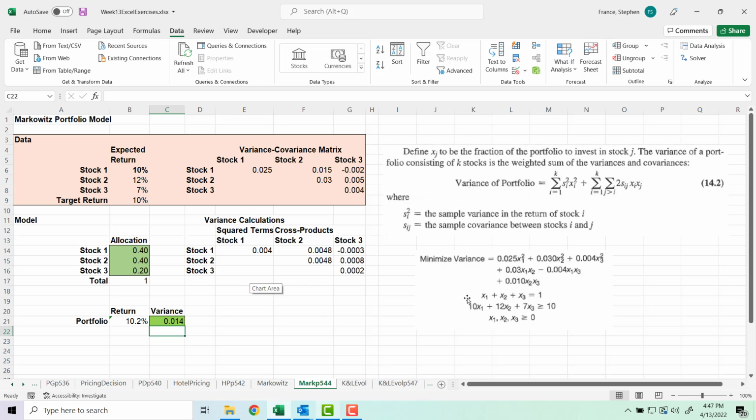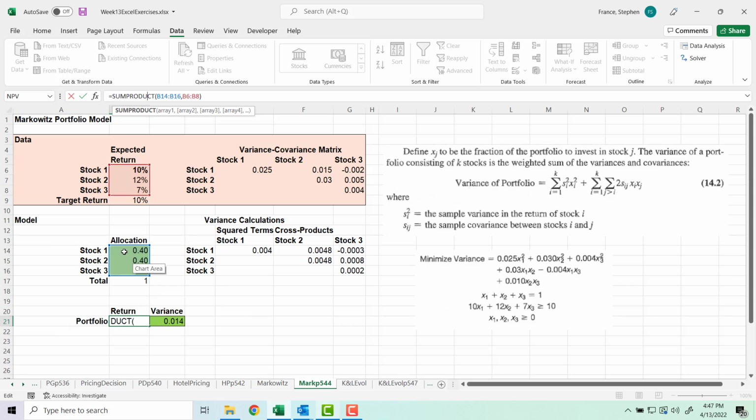We're trying to basically minimize this variance value, where proportions have got to be equal to 1. Our return, which is the weighted sum of our stock allocations and the expected return, has got to be greater than a certain value, and all the values need to be positive.